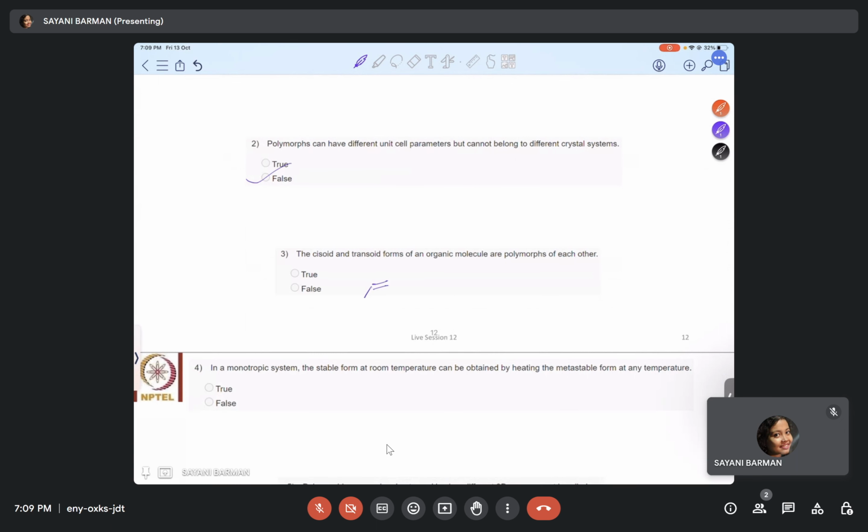Means, let's say, XXHH and XHXH. This is cis, this is trans. These are not polymorphs, these are rather geometrical isomers we call them. So this is false.